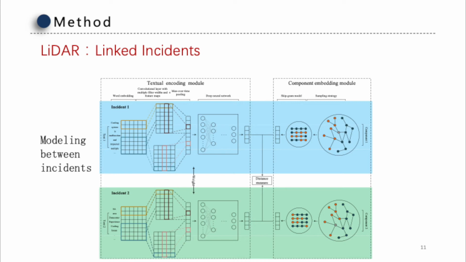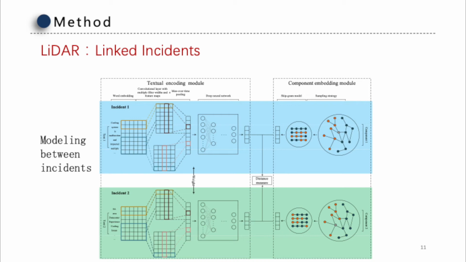The two different features are fed into two modules, the text embedding module and the component representation module. First, to deal with the changes in the textual description from different sources, we introduce the text encoder that can capture the semantic representation of the incident description. And then, to understand the system architecture and dependencies, the component representation module is realized with a novel network representation learning approach.